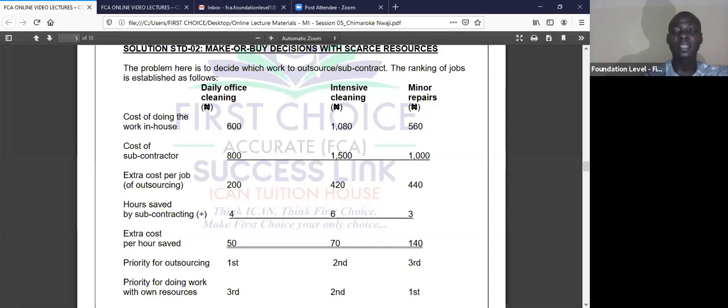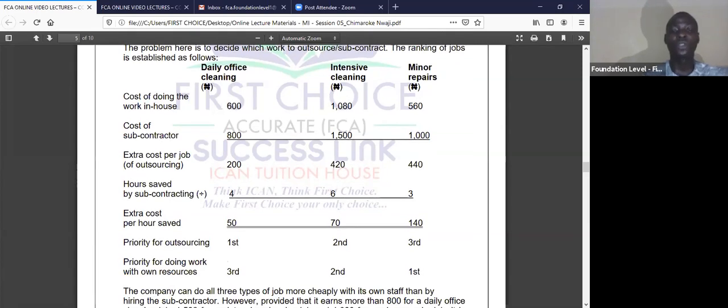While for doing it in-house, it's just like what we did in limiting factor. The one that has the highest figure is ranked first. So if we do it in-house, we are saving 140 by doing it in-house.